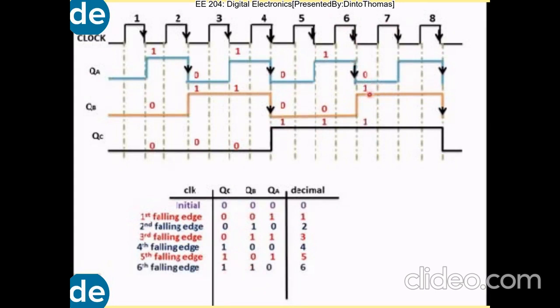Now proceeding to the seventh falling edge, QA becomes 1, QB becomes 1, and QC becomes 1, and the value of the seventh falling edge becomes 7. In the last negative edge, QA will become 0, QB will become 0, and QC will also become 0. So it is again reaching back to the initial value of 0.